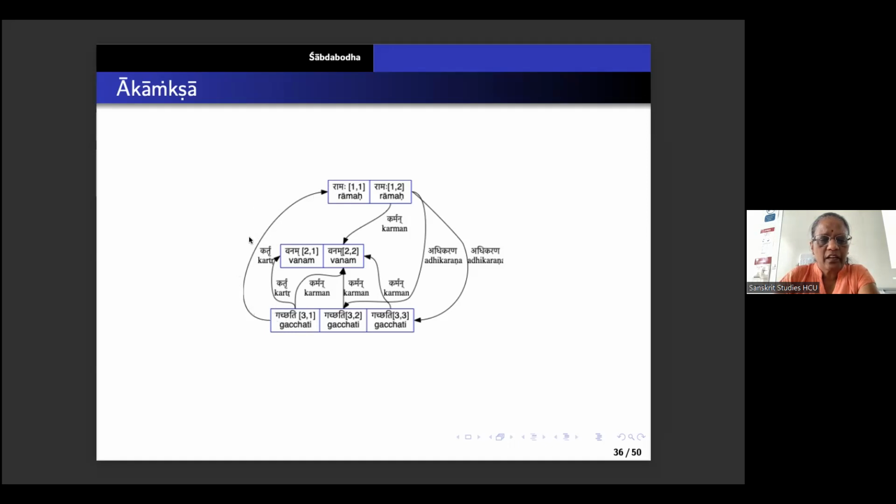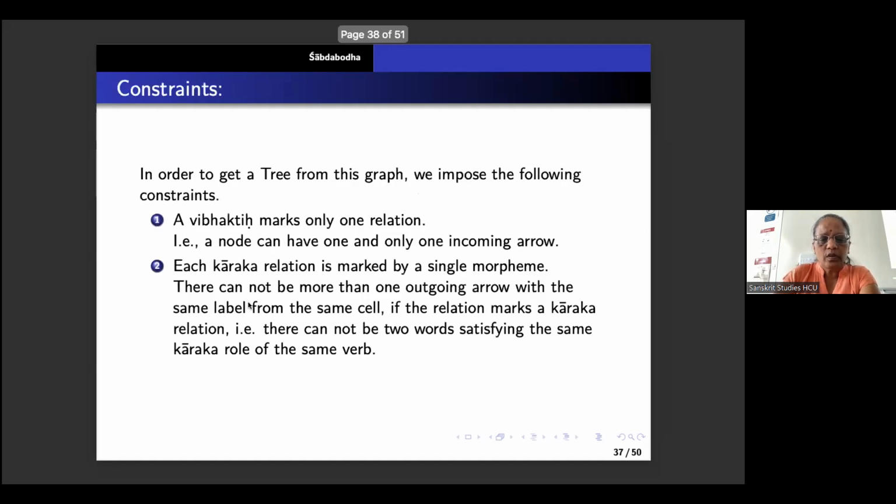And there is this outgoing arrow which says that it has an expectancy. Incoming says this satisfies the expectancy. So there are certain constraints which say that you cannot have two outgoing arrows with the same label. You cannot have two agents or two goals. There should be only one agent corresponding to every activity.